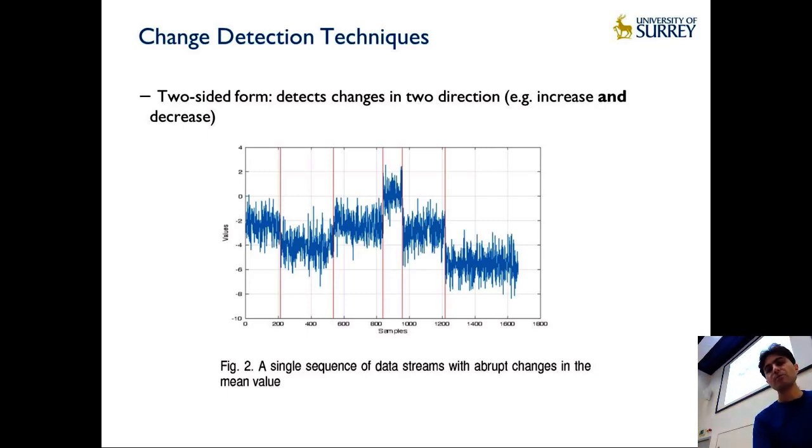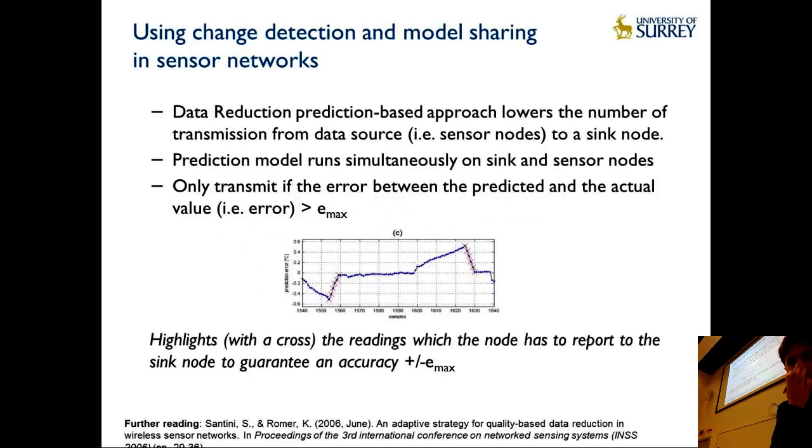And you see the windows are not equally sized. Every time you find a change, you stop here and you start a new window. Again, these are called expanding windows. Basically, you keep expanding it till you find a change point. Every new value you read, you calculate the mean, you calculate the standard deviation, and if suddenly you go higher than the standard deviation, you say this is a change point.